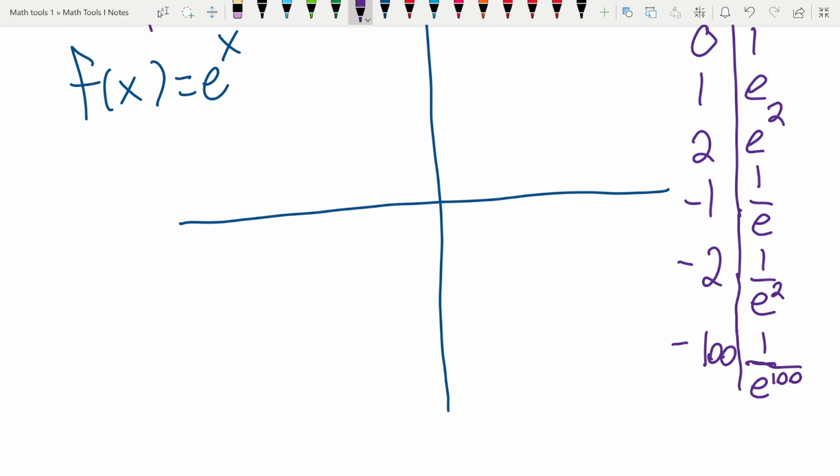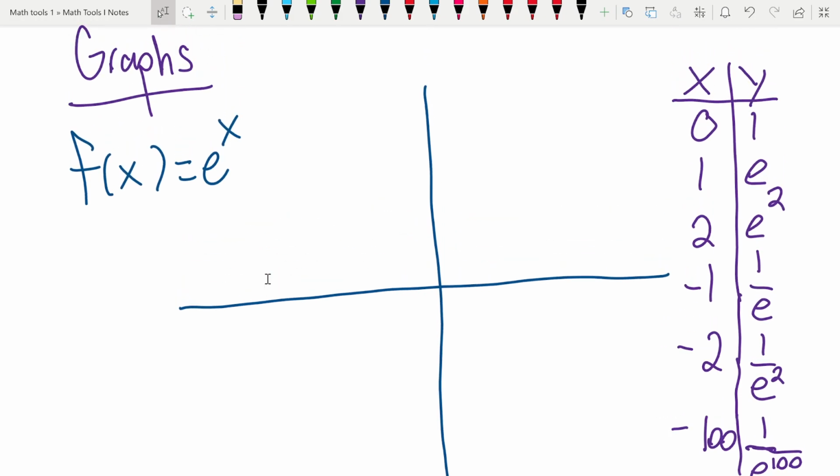So 1 over e to the 100th is very, very small, getting closer to 0, not negative, but getting closer to 0. Now, if we just keep decreasing the numbers here, say we put in -1,000,000, we're going to get 1 over e to the 1,000,000. So that's going to be so close to 0, but it's never actually going to touch 0.